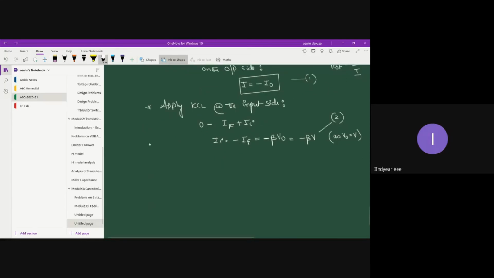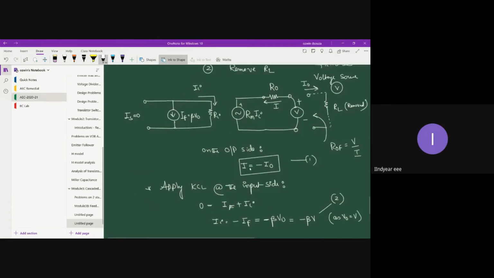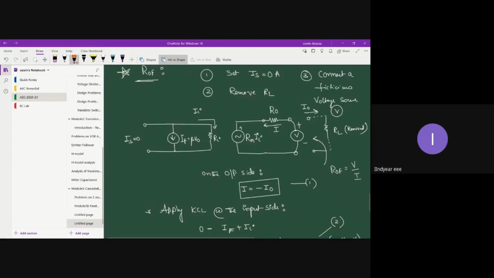Okay. Next, let us pay our attention to output side. Apply KVL. Okay. Since I'm considering the voltage V is greater than the left voltage. Okay.